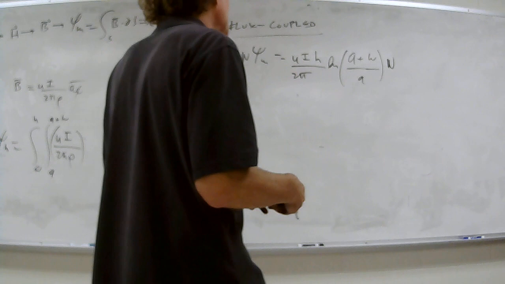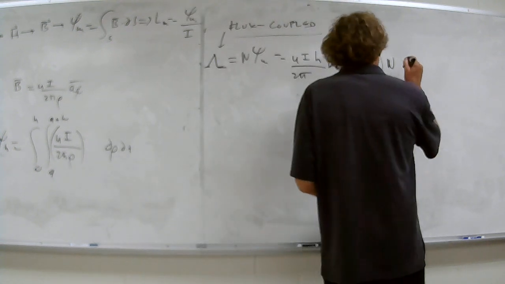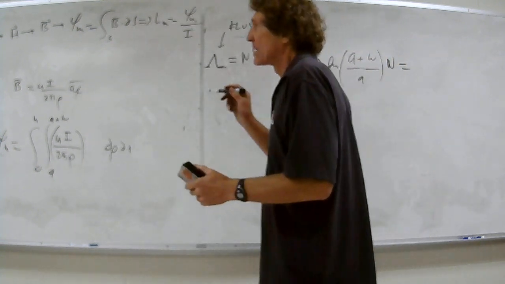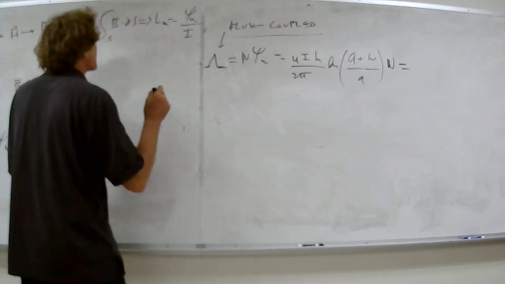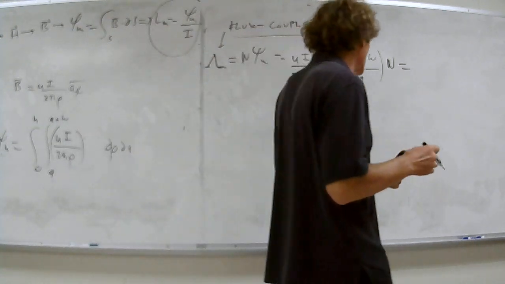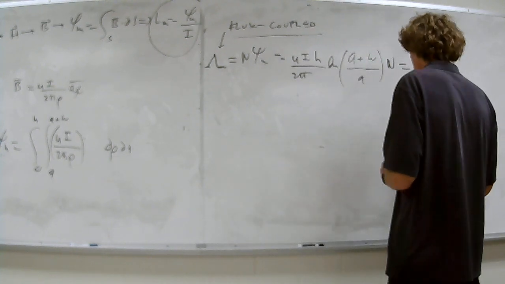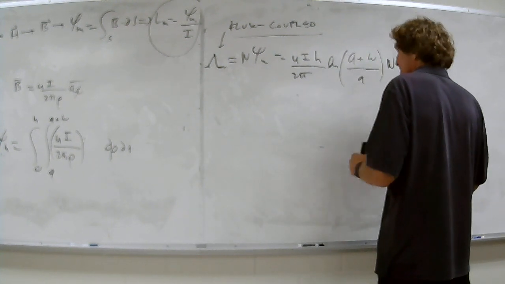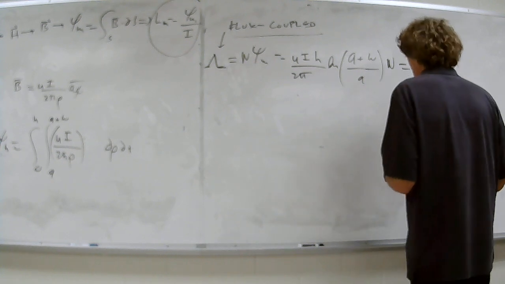Okay. Now, once we have that, look up here. Inductance is equal to that flux coupled divided by current.